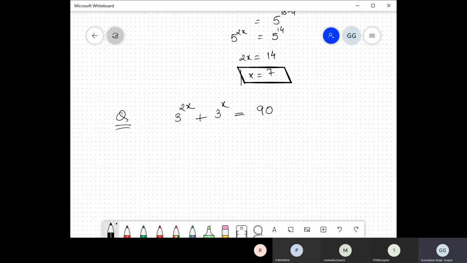Now, if you look at this question, you can see that you cannot simplify the powers directly. Why? Anybody can guess why you cannot simplify these powers here, 3 to the power 2x and 3 to the power x?